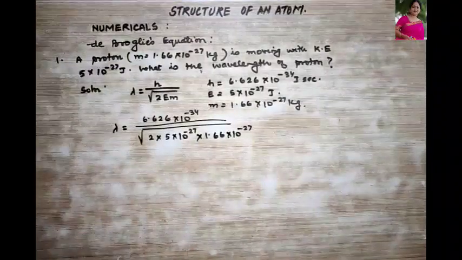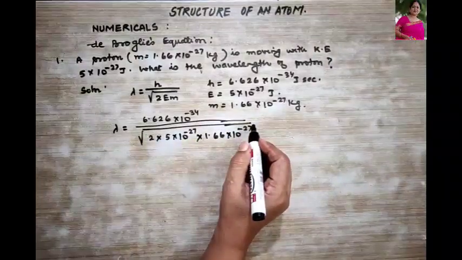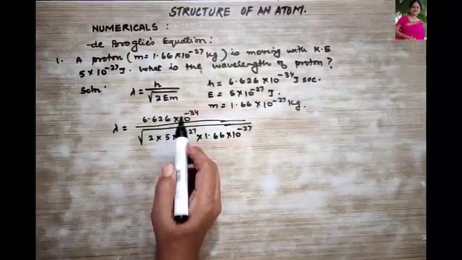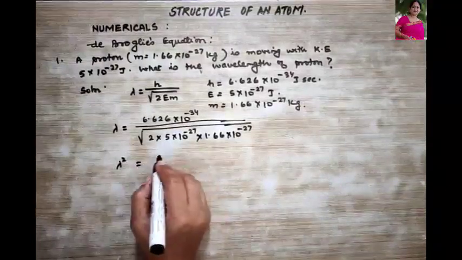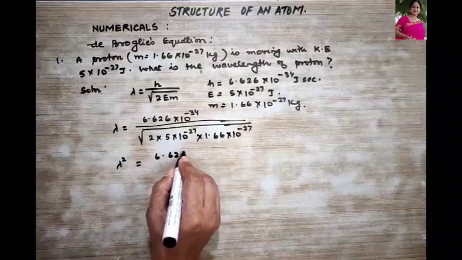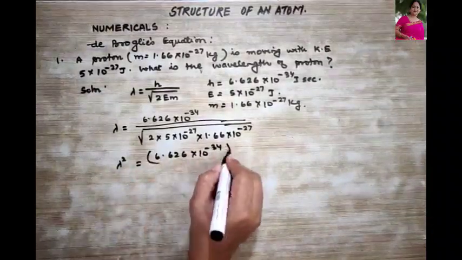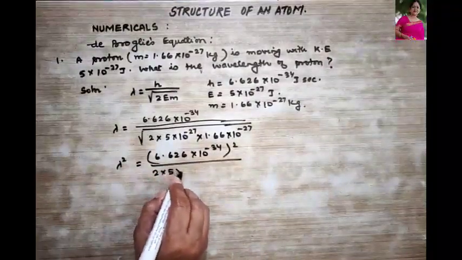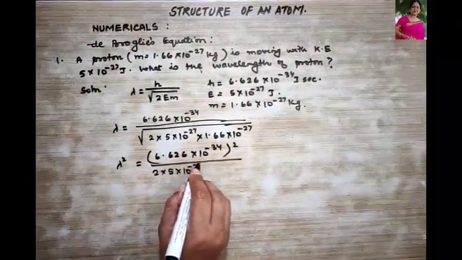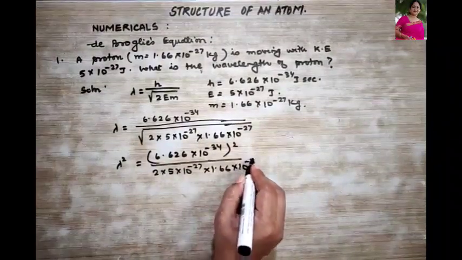Okay. So how do we solve this? I hope you all know that when we remove this under root, all these become square, and hence this will be equal to 6.626 into 10 to the power minus 34 whole square upon 2 into 5 into 10 to the power minus 27 into 1.66 into 10 to the minus 27.